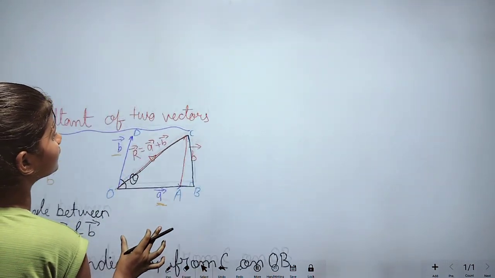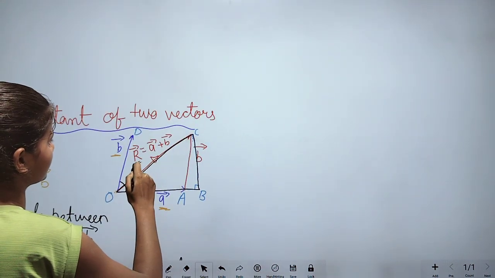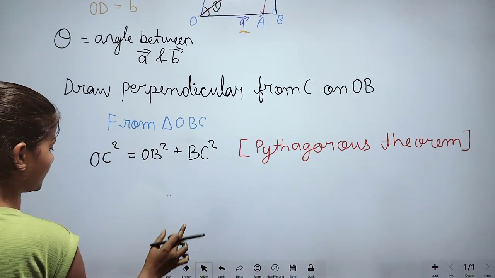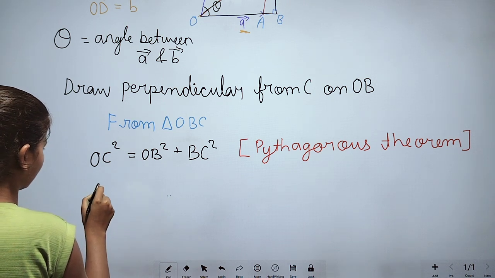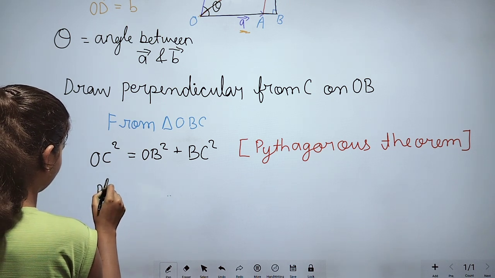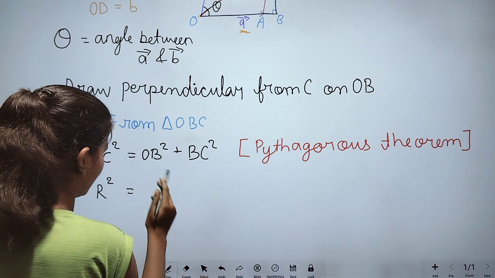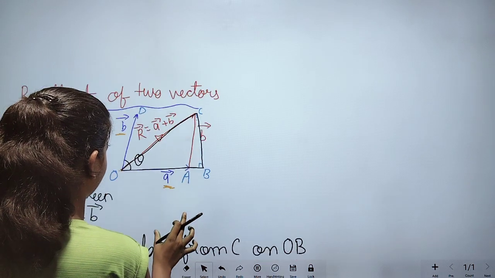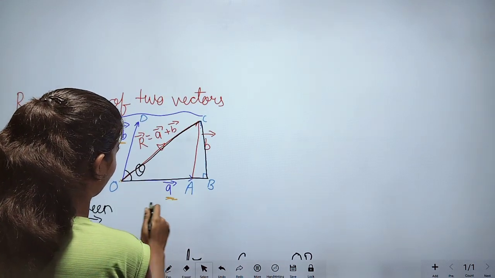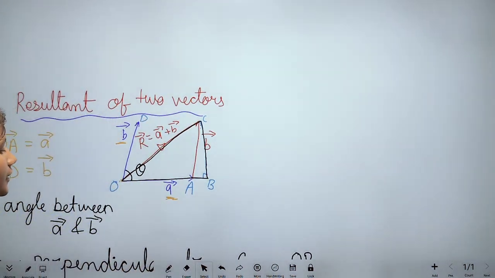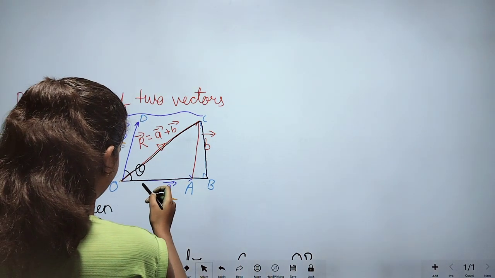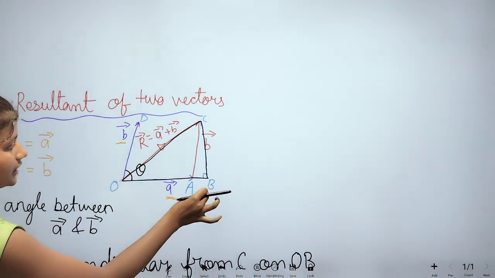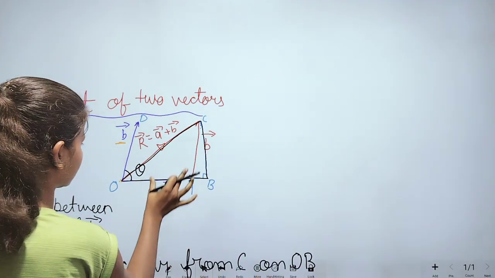OC is the resultant, a vector. So here you can write R square is equal to OB square. You can write OA plus AB is equal to OB.